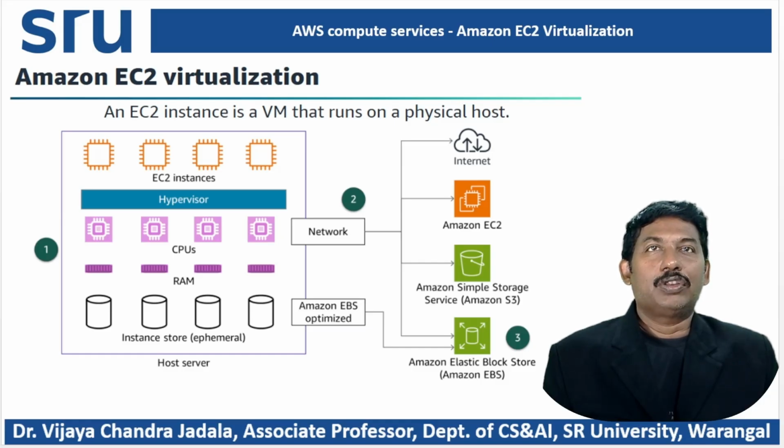Then through the internet, the EC2 will be connected to the storage such as Amazon Simple Storage Service, that is Amazon S3, or Amazon Elastic Block Storage, that is Amazon EBS.